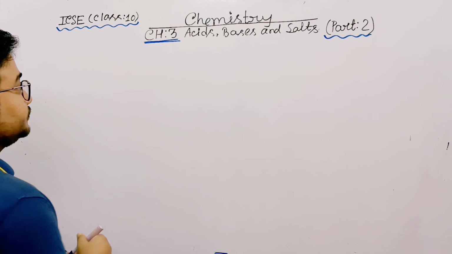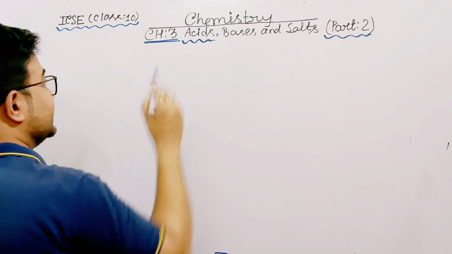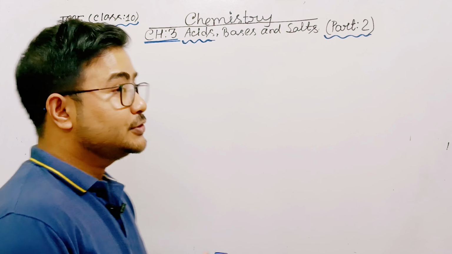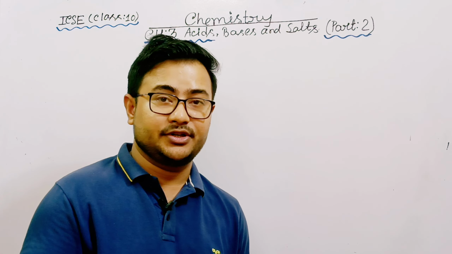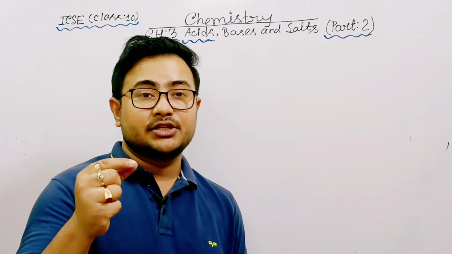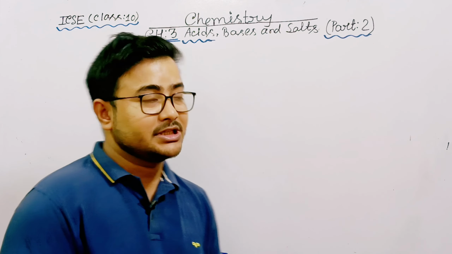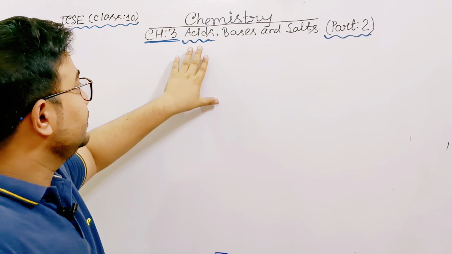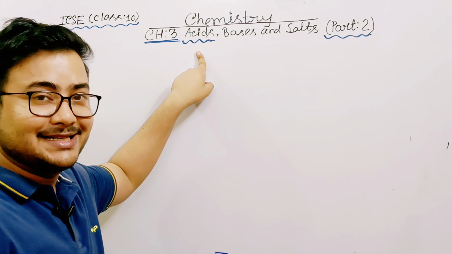In this part our main focus is only acid, because we can build our concept slowly, not in a single video. It is not possible, we are not machines. So in a slow manner we will complete all the concepts. In this part I will try to complete the concept of acids.